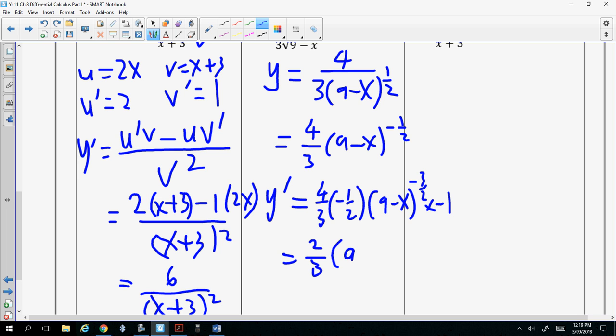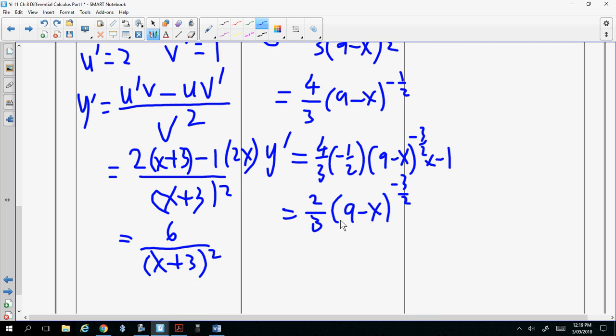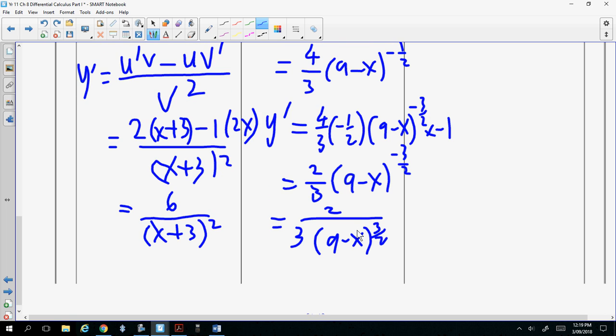And then write it without negative indices. And then you can write it in surd form. But if you didn't write in surd form, I think it's okay, but it's good to know how to do that.